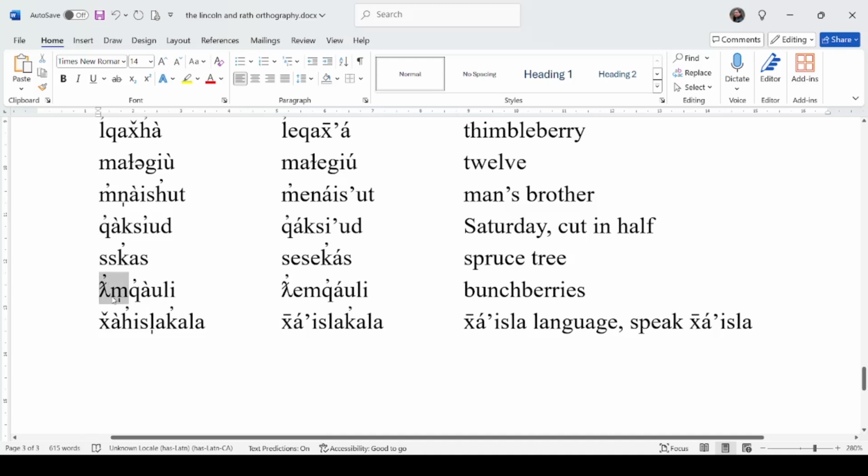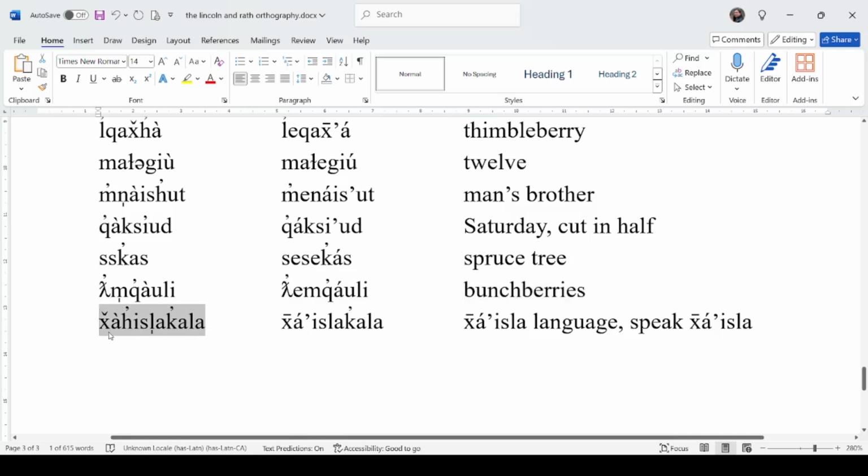In this case here, you would put a schwa in between this ejective barred lambda and this syllabic M. And that's what happens in the hybrid orthography spelling, where we have tlumkoli. Tlumkoli. And that means bunchberries.